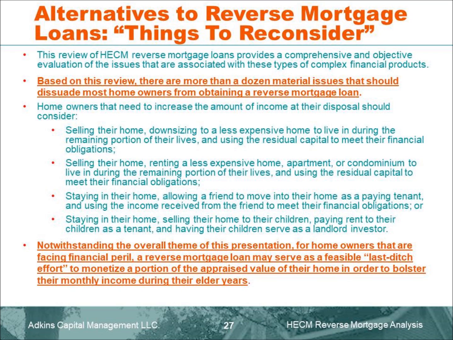Their third option would be staying in their home, allowing a friend to move into their home as a paying tenant, and using the income received from the friend to meet their financial obligations. Or a fourth option would be staying in their home, selling their home to their children, paying rent to their children as a tenant, and having their children serve as a landlord investor.